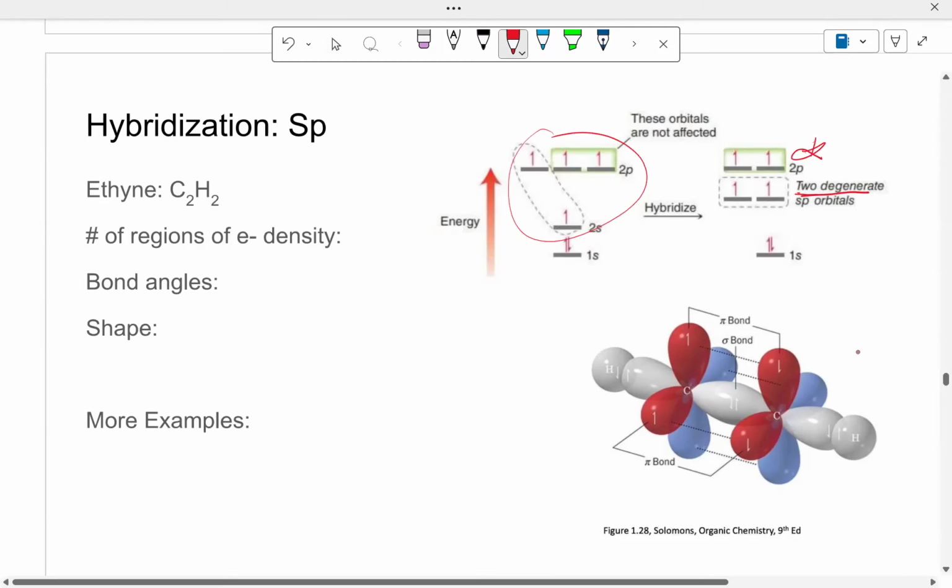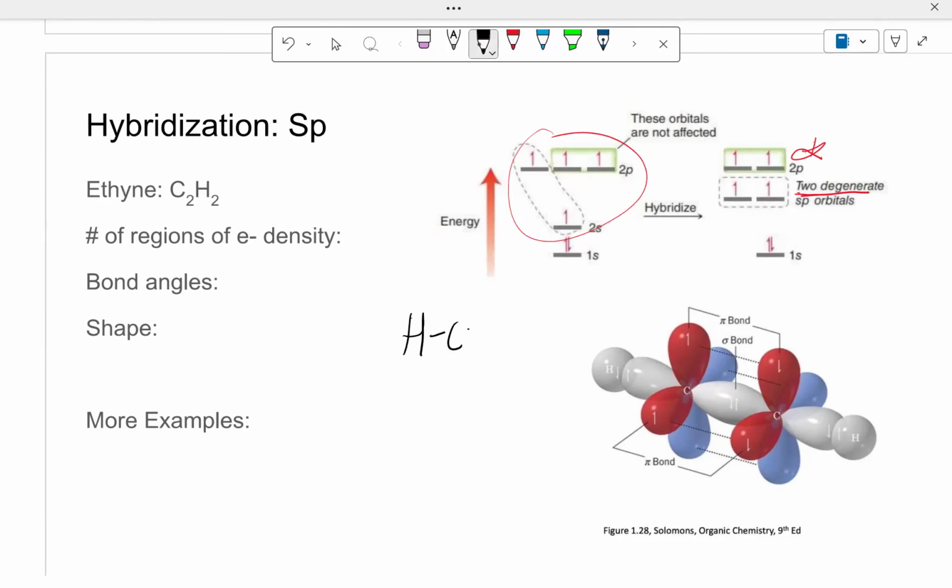2 unhybridized p orbitals. And I want you to think about the implications of that and how you can use those unhybridized p orbitals to make not just a double bond, but a triple bond as well. And we're going to use this compound, ethine, also known as acetylene.